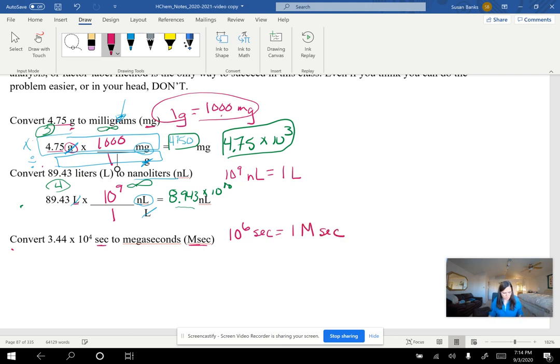That's my relationship there. So I'm going to start out with the number that I'm given, with the unit that I'm given, 3.44 times 10 to the 4th seconds. And in my next step, I want seconds to cancel. So I'm going to put the seconds part of that equivalency on the bottom. 10 to the 6th seconds will give me 1 megasecond.